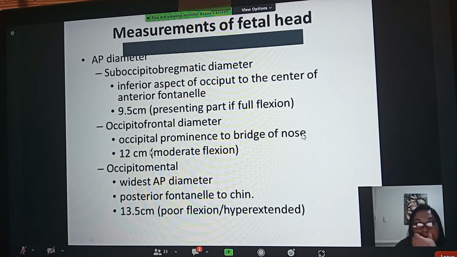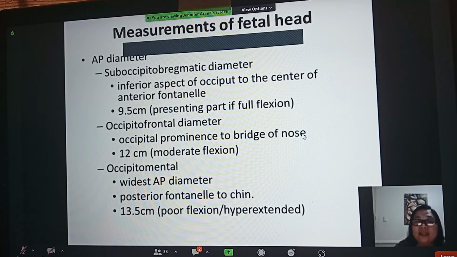This is measured from the occipital prominence to the bridge of the nose. And this measures around 12 centimeters. This would be the presenting part if the child is in moderate flexion. Okay? Nakaana. Dili kayo flex, nakaana lang gamay.